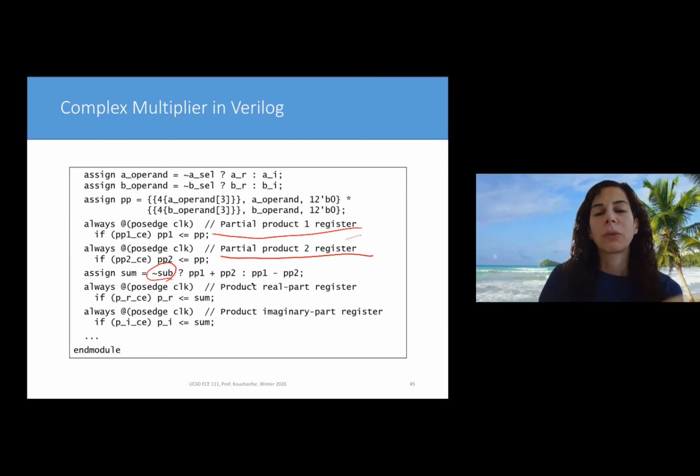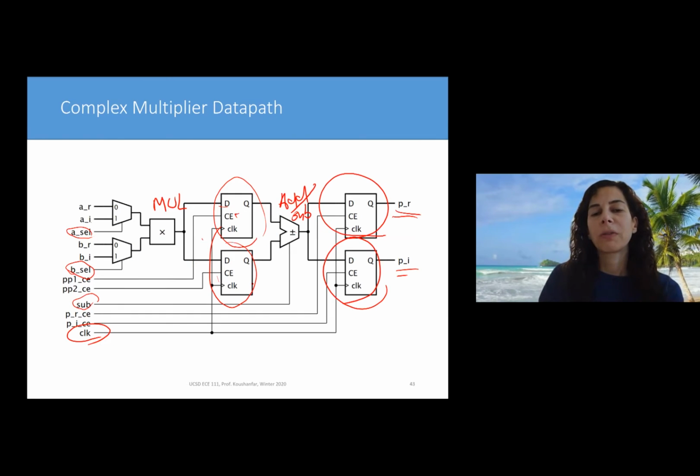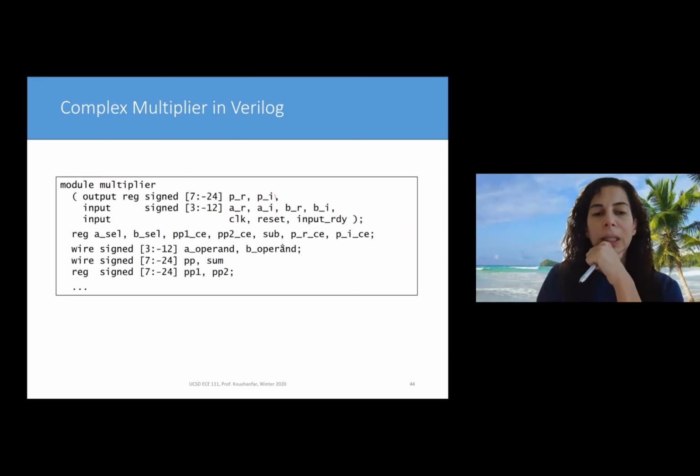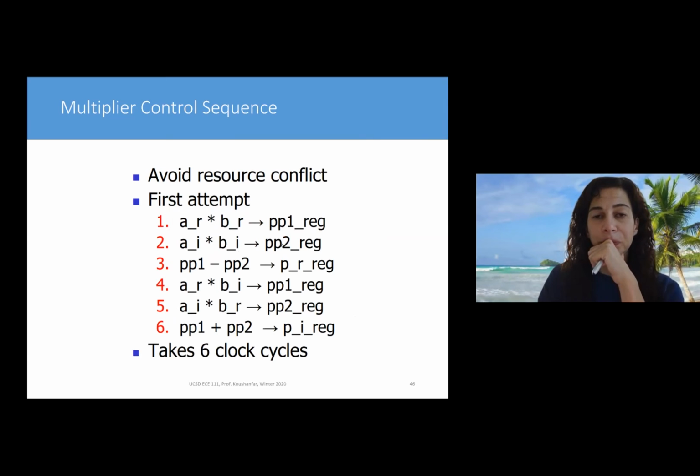Now we are done with the first part of this data path, and the second part is just saving the partial product in these two registers and outputting it when necessary.